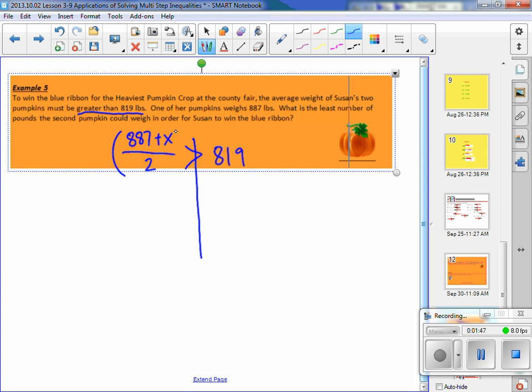I'm going to multiply both sides by 2. So I get 887 plus x is greater than 1638, I think.